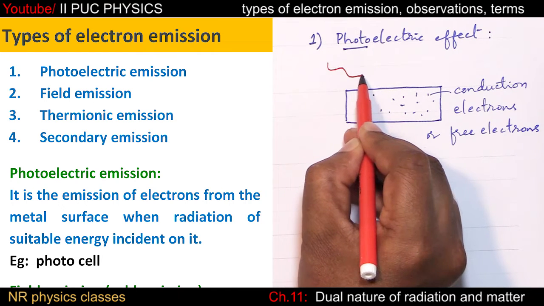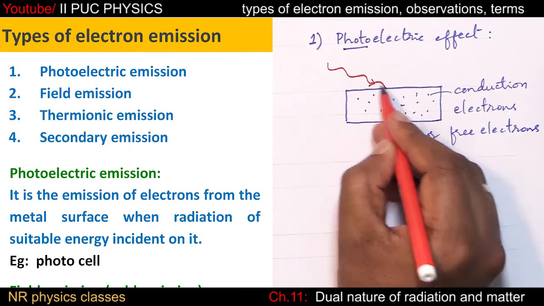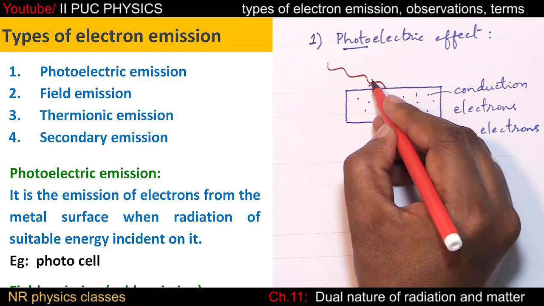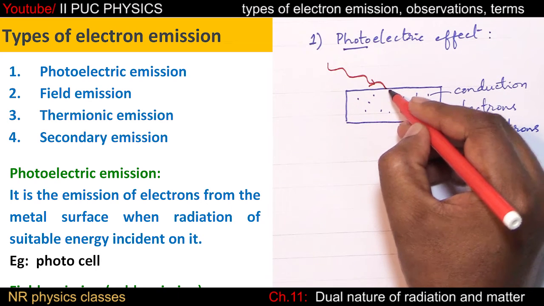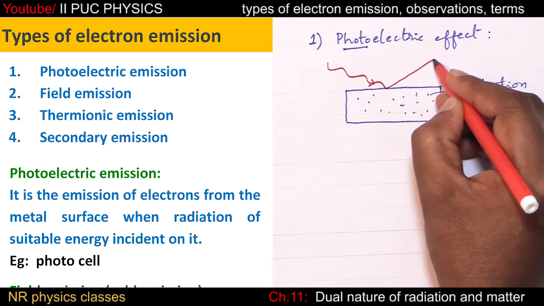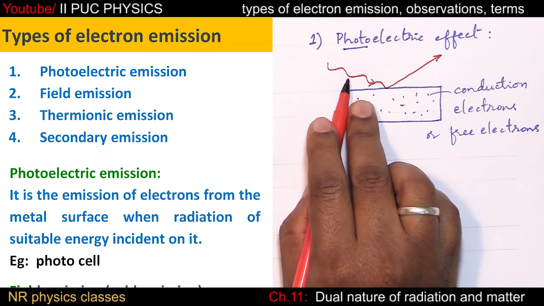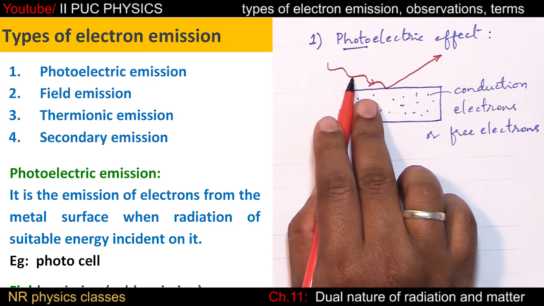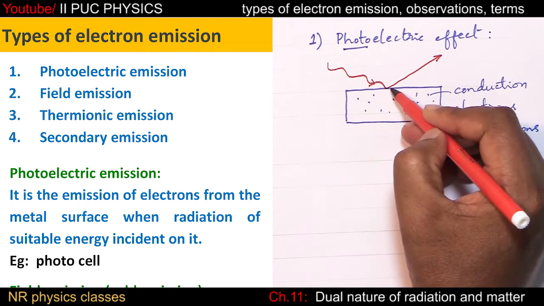If radiation of suitable energy falls on this metal surface, and this energy is sufficient, it can remove an electron from the metal surface. So this is the electron. If this photon interacts with this electron and the energy of this photon is sufficient to remove it, then the electron will become free.